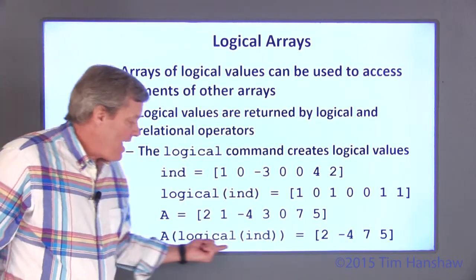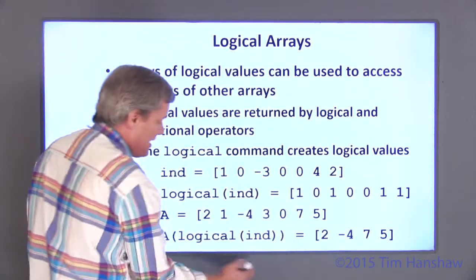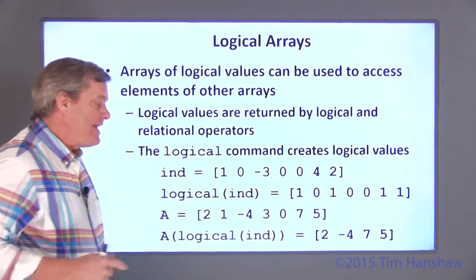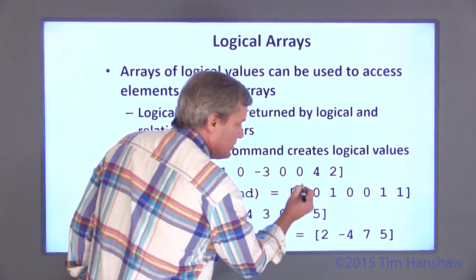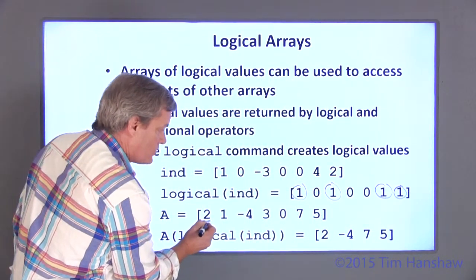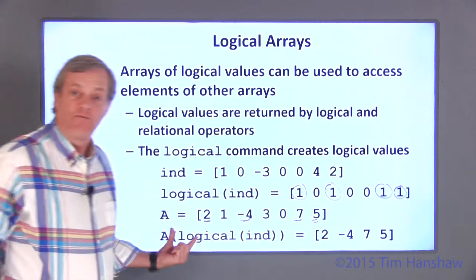If I say A of logical of IND, I'm taking this array and using it as an argument to A. It extracts any elements in A that correspond to logical 1s. So I get 2, -4, 7, and 5 out of this command.